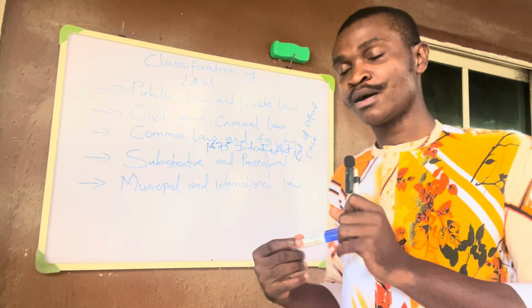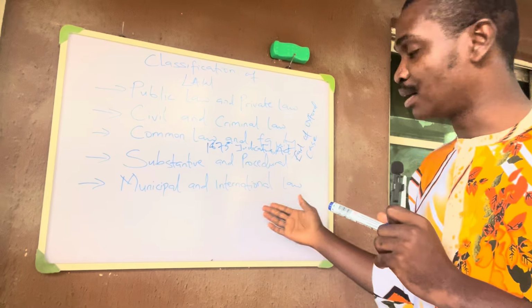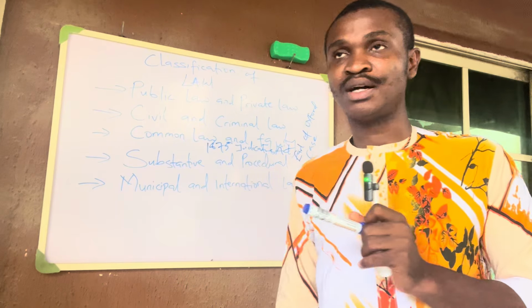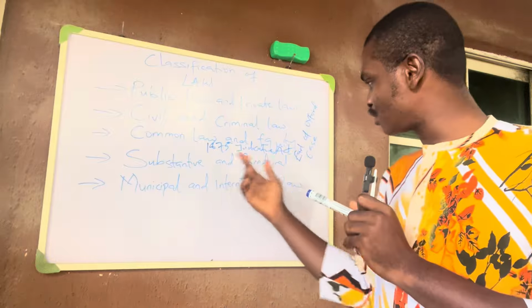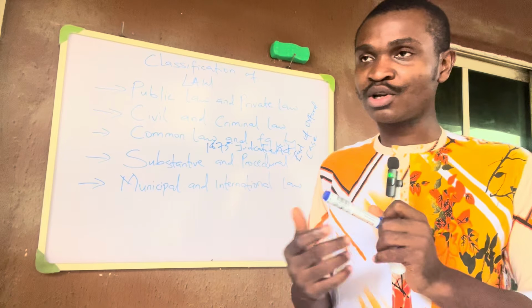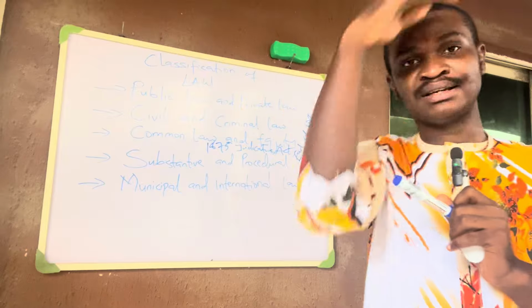Examples of international law are treaties, conventions, charters, just like we have the United Nations Charter, we have the UDHR, we have all these things. Laws that are not just within our municipalities.